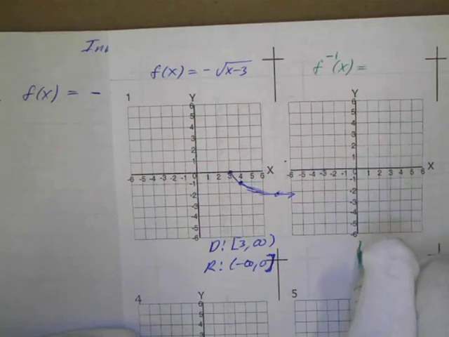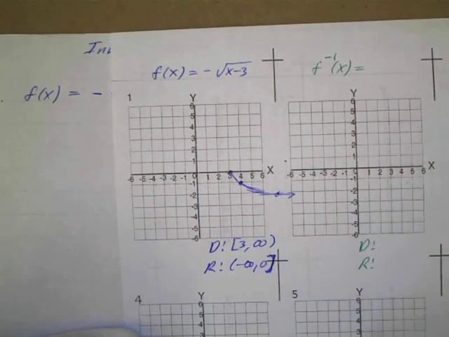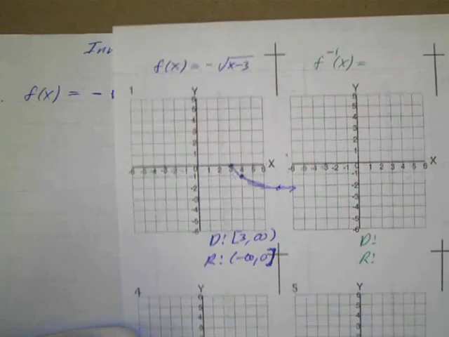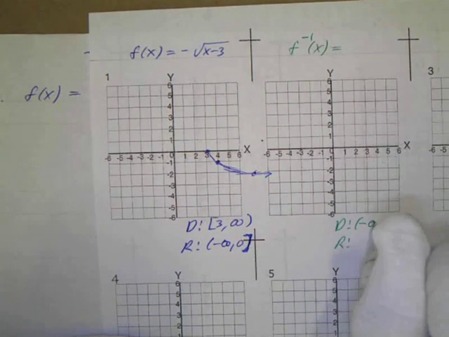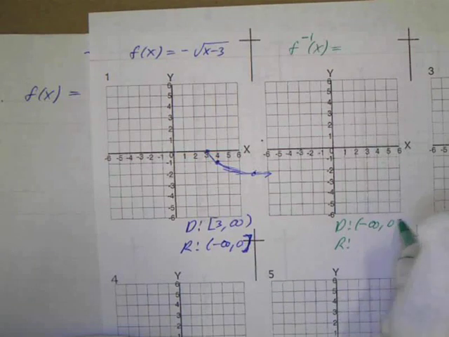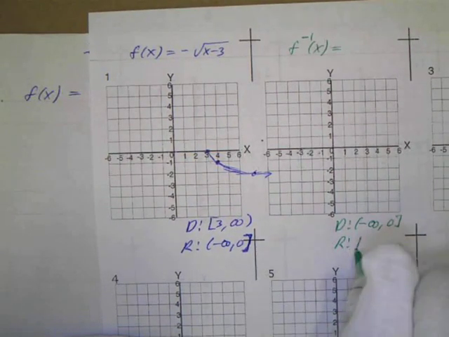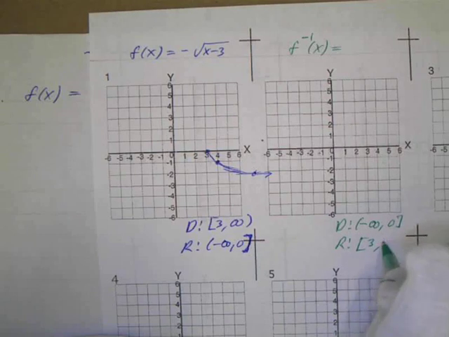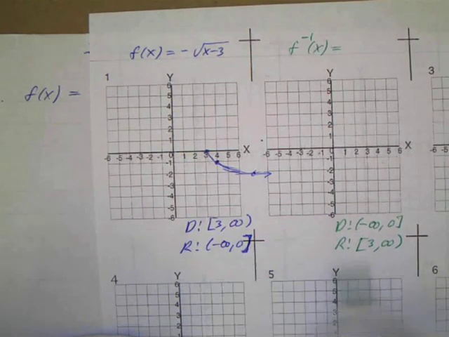Okay, so we know that for our inverse function, the domain and the range just flip. And that's going to be the main reason why we do this, so we can make a determination when we get the inverse function. So here the domain will be negative infinity to 0, and here the range will be 3 to infinity. If you write these in interval notation, it's a lot easier.